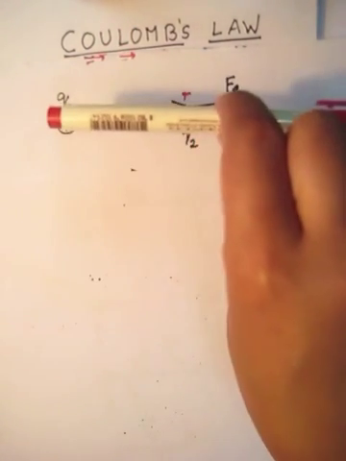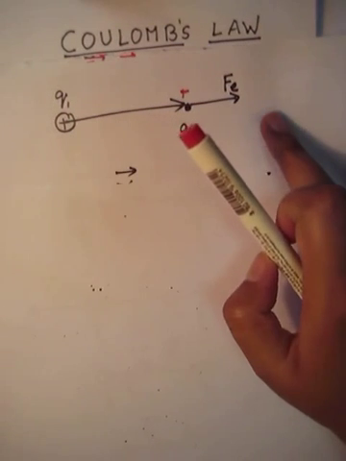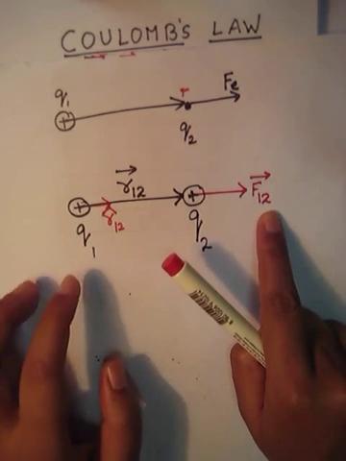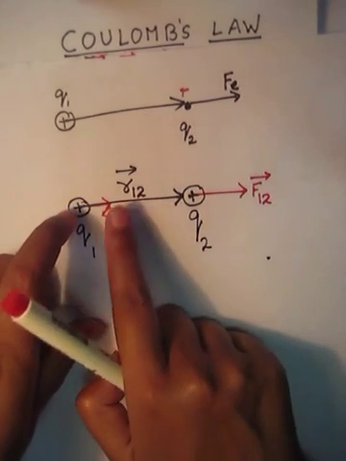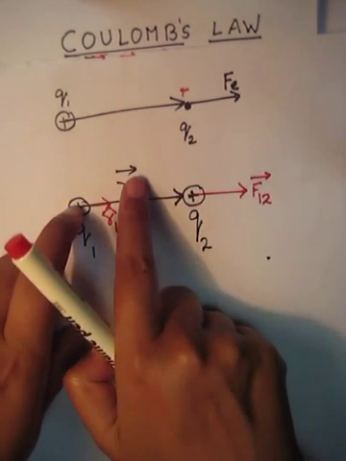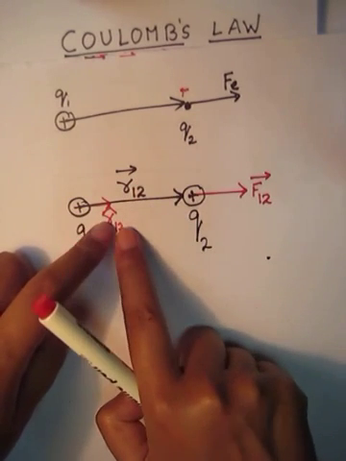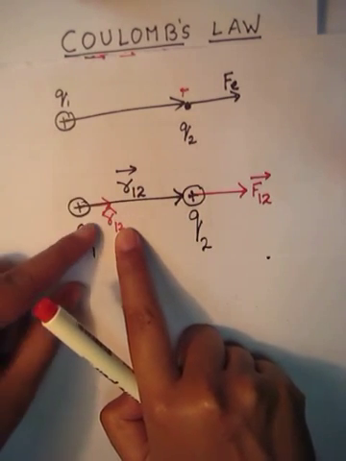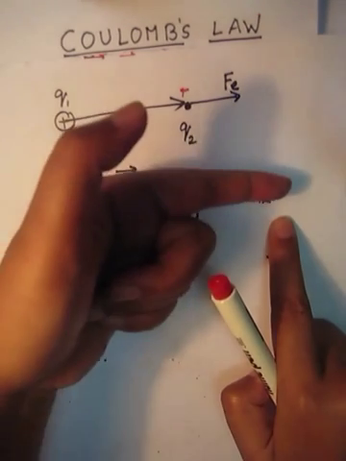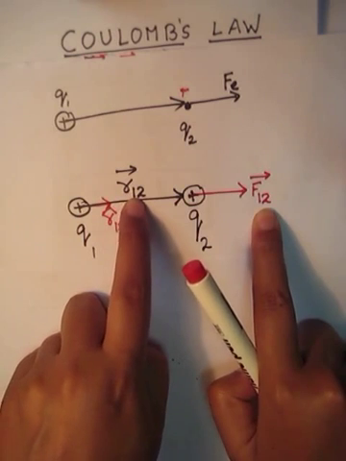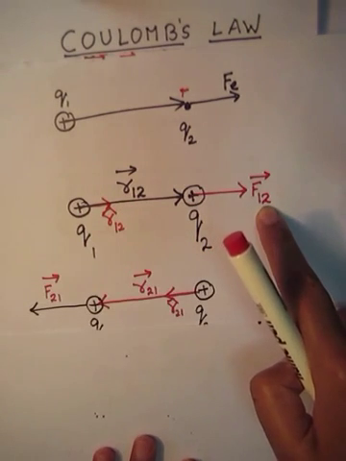It might be towards right or it might be towards left. Now let us say we're talking about the F12 vector. Then the radius vector from 1 to 2 will be the R12 vector, and the unit vector will be along the vector, so it will also be along the same direction, and the force is in this direction. So it means that F12 and the R12 vector are in the same direction.